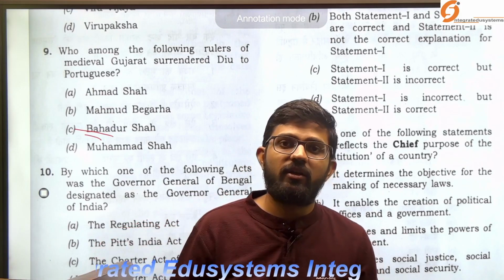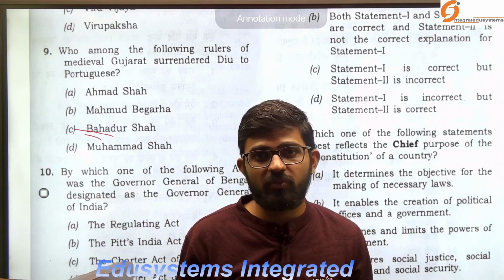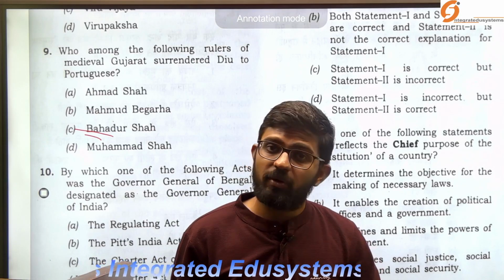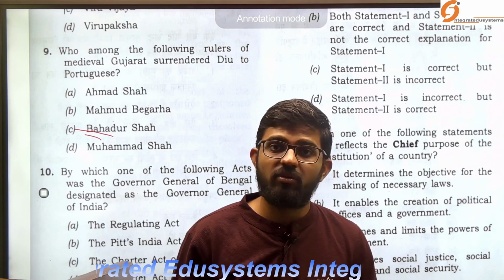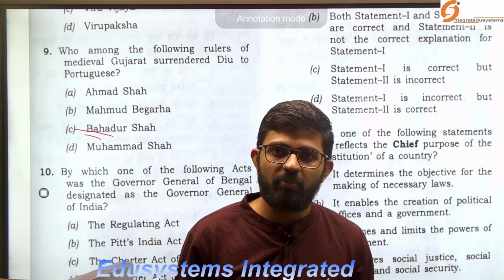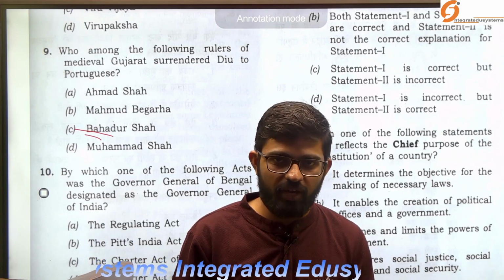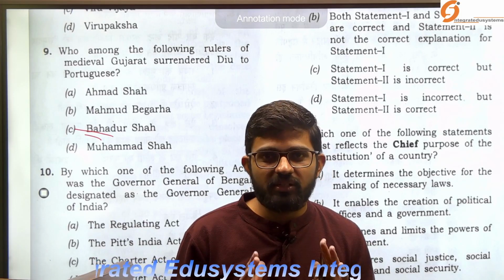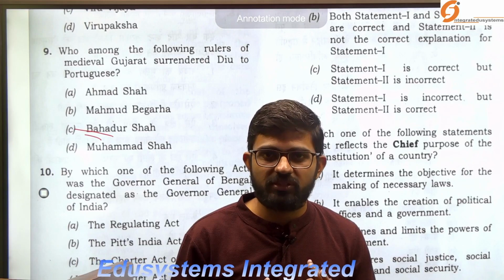As expected, UPSC with respect to elimination also, we have seen now that elimination is not working. So definitely the paper was challenging. We cannot say it was easy. It requires a certain level of depth, a certain level of knowledge, and it's not a luck game. It is a purely knowledge game that UPSC is doing.